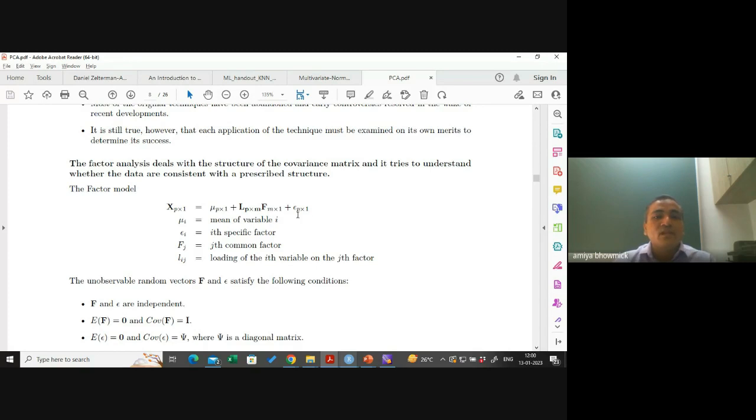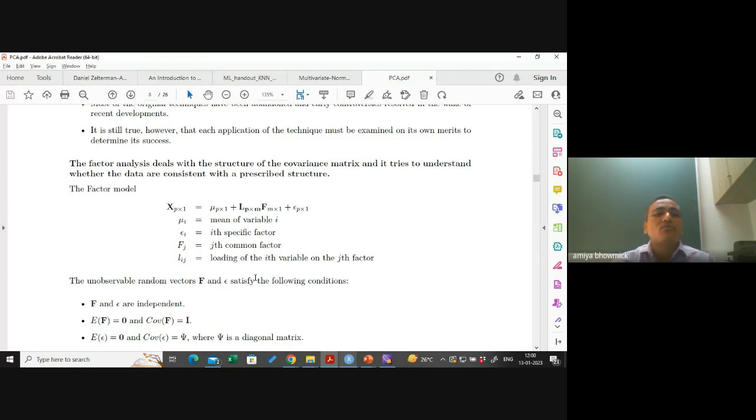So mu_i is the mean of variable i, epsilon_i is called the specific factor, F_j is the jth common factor, and L_ij is called the loading of the ith variable on the jth factor.